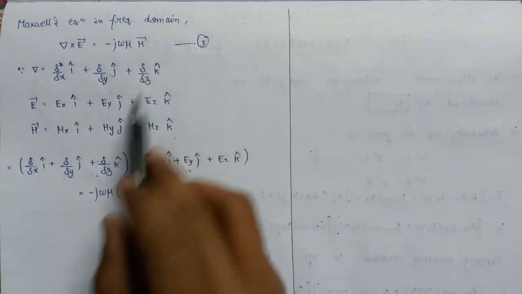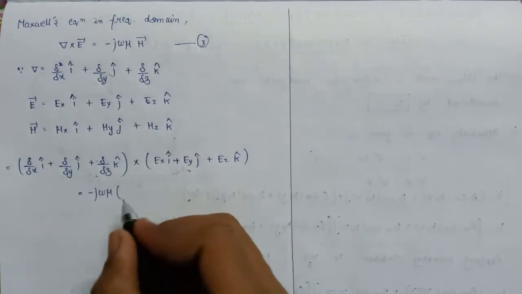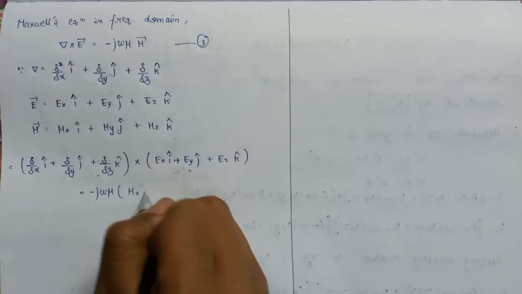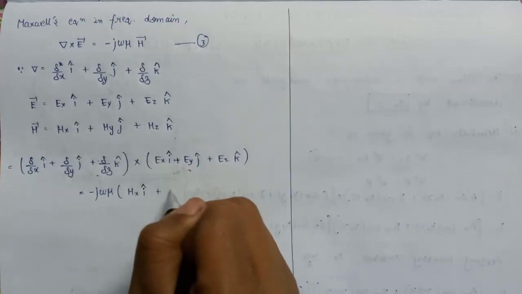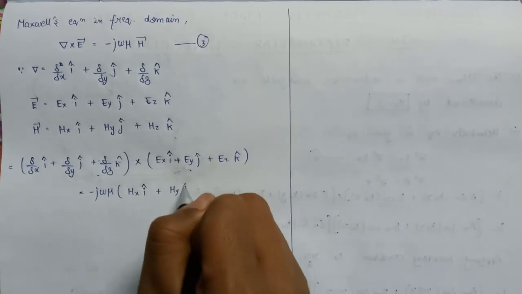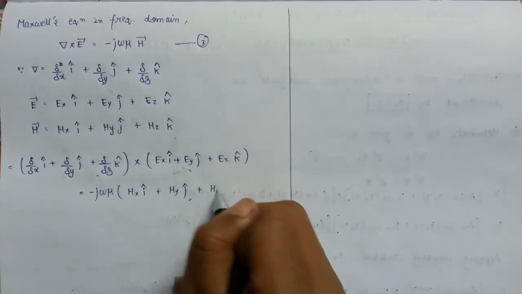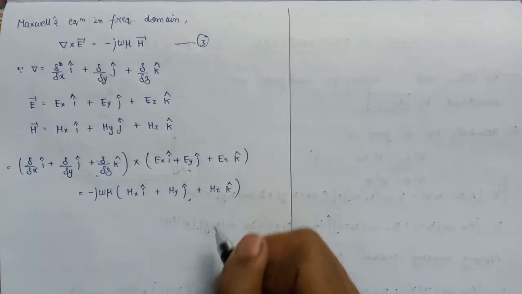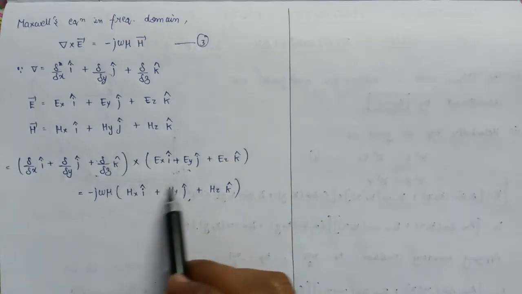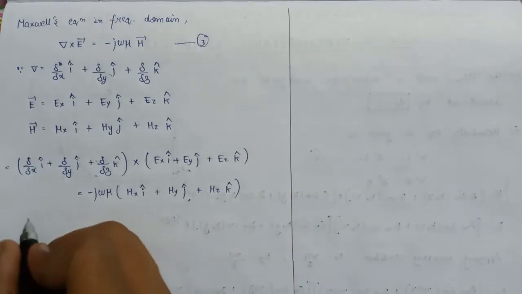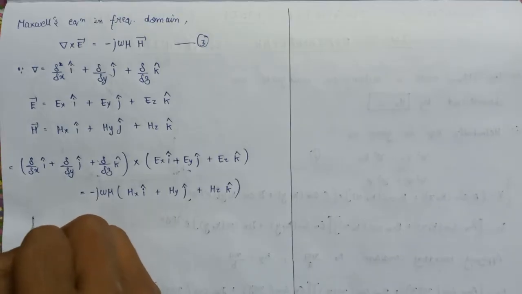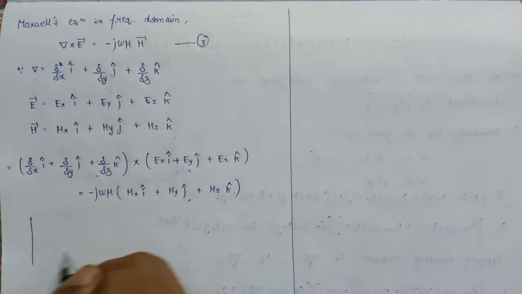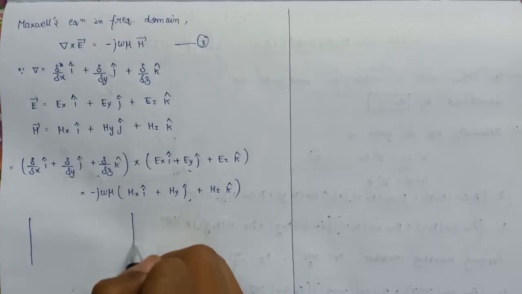In place of this H vector, we will write this expression, that is Hx i cap plus Hy j cap plus Hz into k cap. Now we have to solve this cross product. So for solving the cross product, we have to take the determinant.